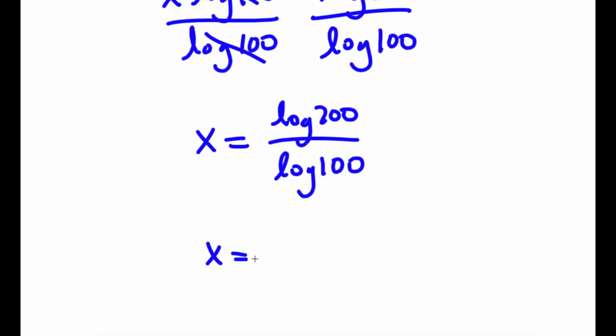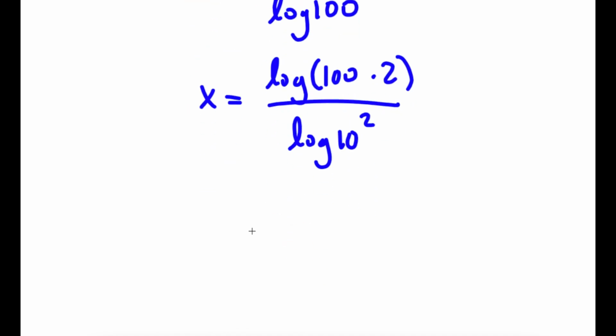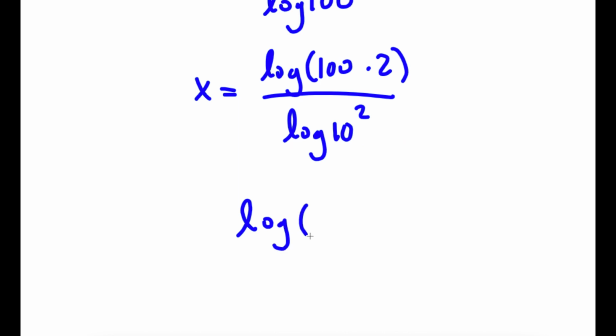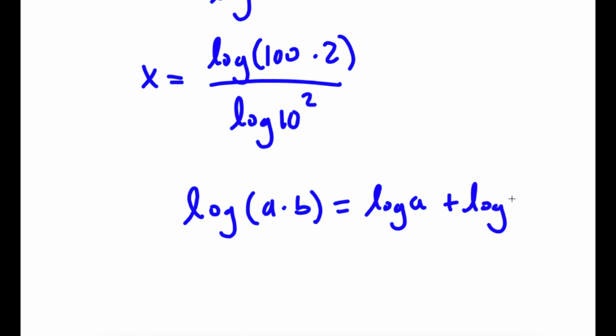Now log 200, I can rewrite as log of 100 times 2. And log 100, I can rewrite as log 10 squared. Now, if I have something in the form log of a times b, this is the same thing as log a plus log b.